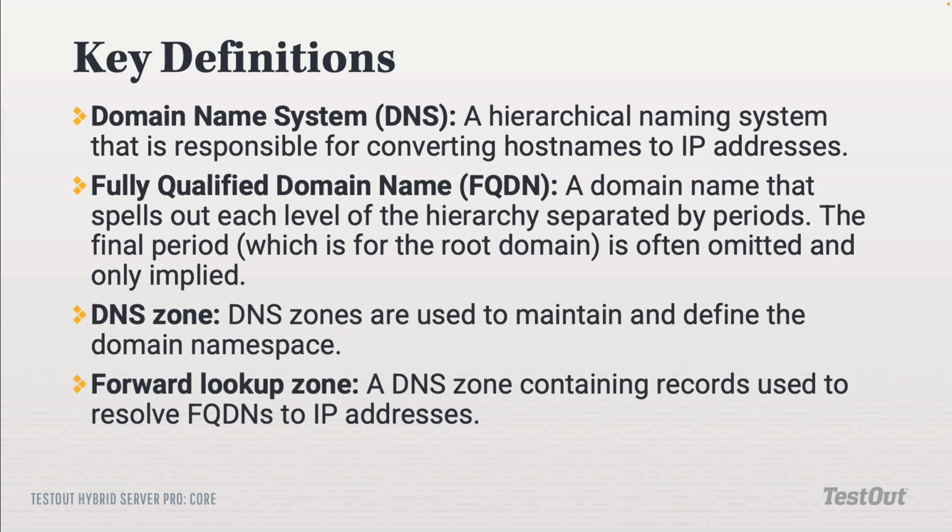The FQDN would be www.google.com. All three of those parts together are telling us where that server is actually located. We're looking for the www server in the Google domain, which is under the .com TLD, top level domain.